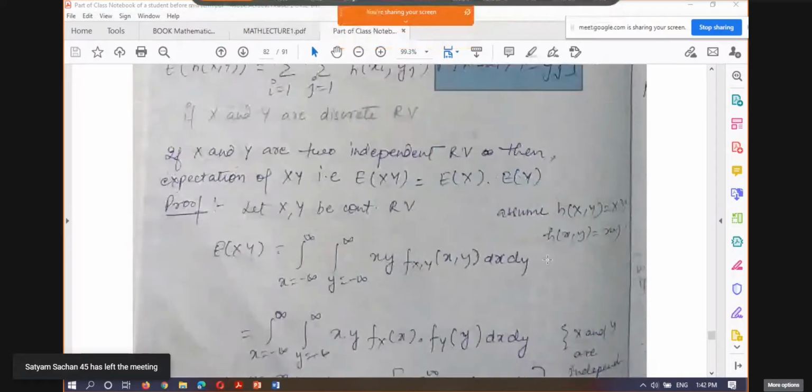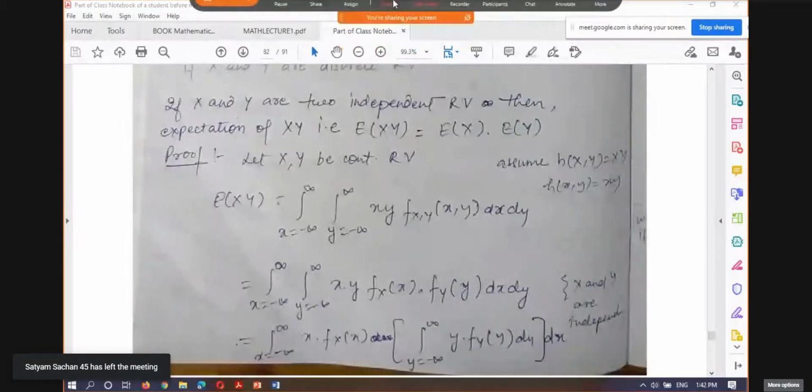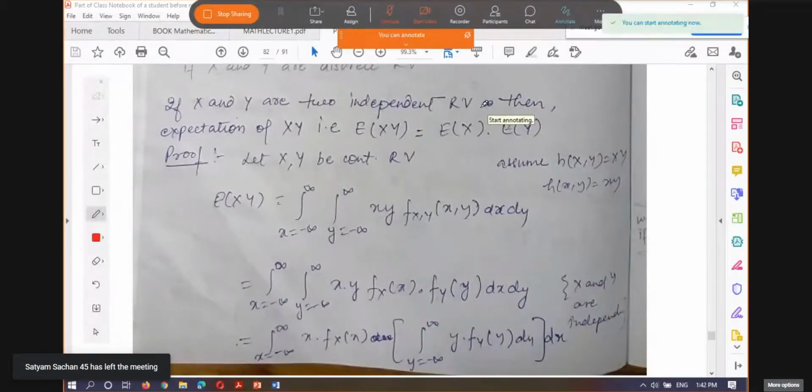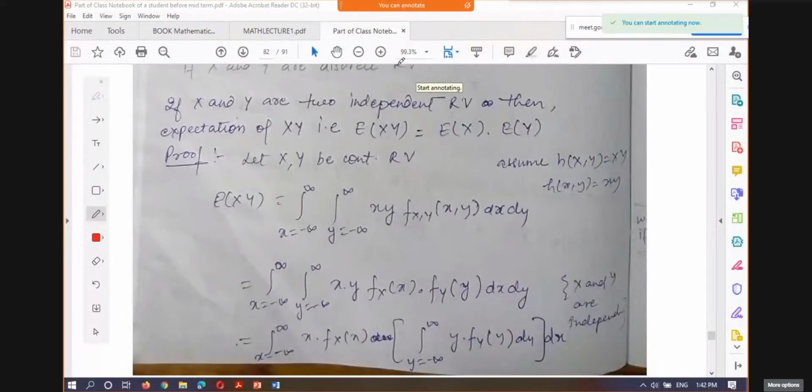Now, if x and y are independent random variables, either discrete or continuous, then the expectation of xy is the product of their expectations. It means the expectation of x into y is the expectation of x into the expectation of y.